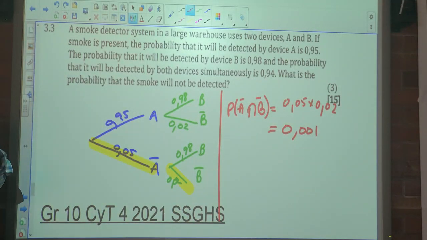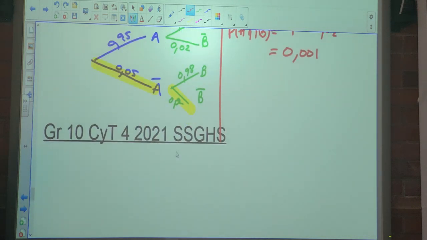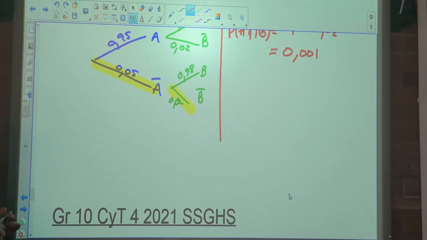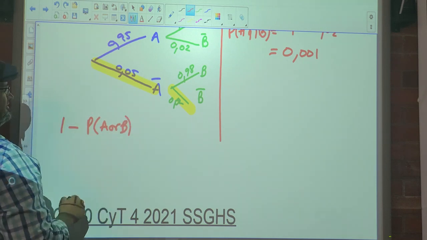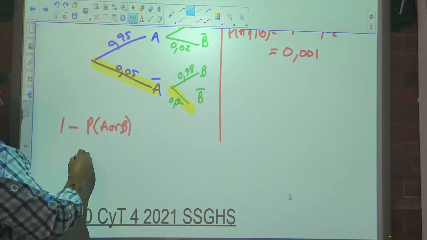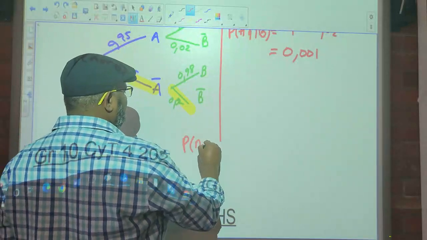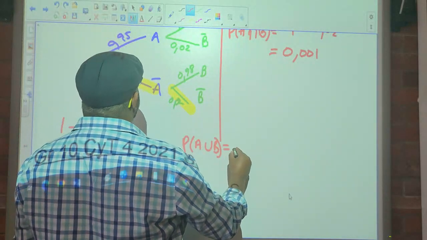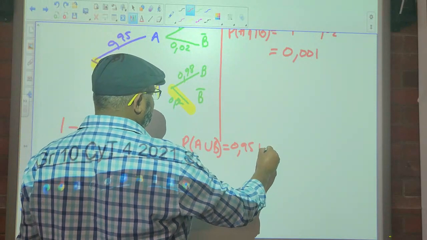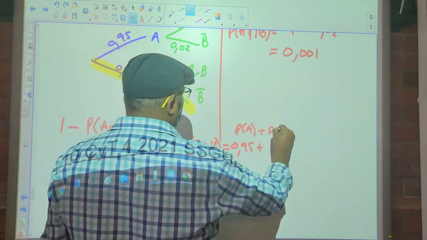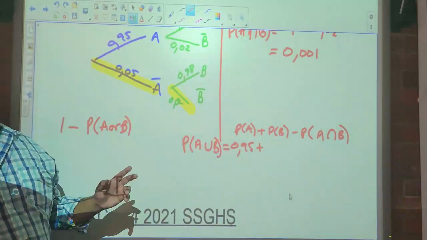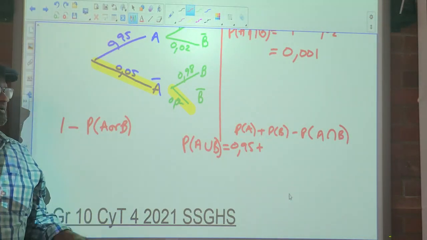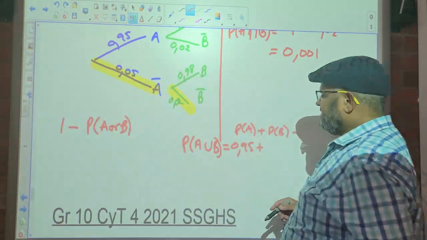Otherwise, we know that not detected is also the complement of being detected. So it's 1 minus the probability of A or B. But we know that the probability of A union B is going to be the probability of A plus the probability of B minus the probability of A intersection B. This is the basic identity for your probability formula.